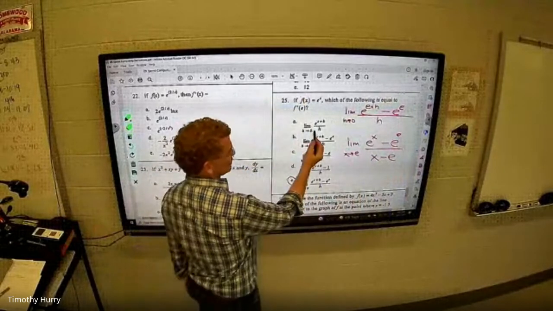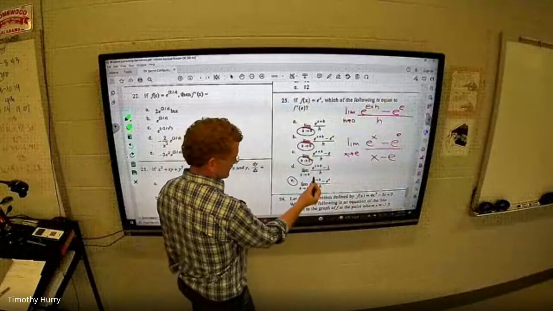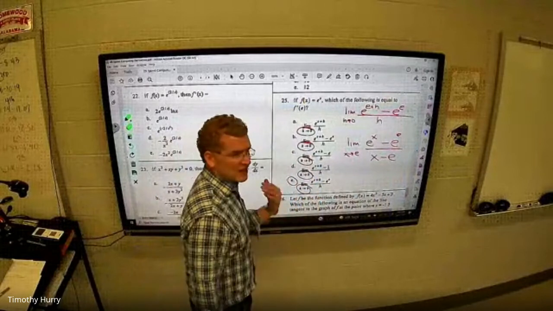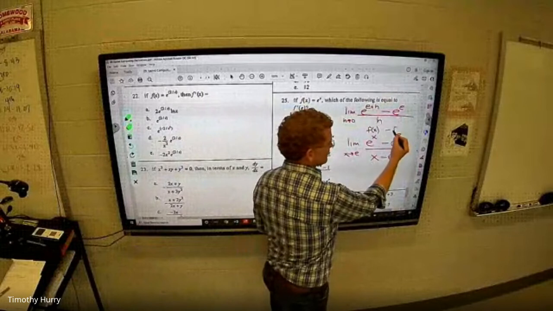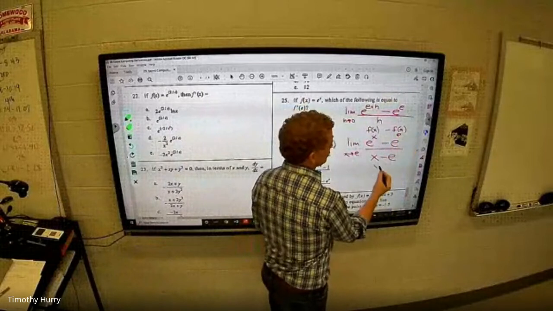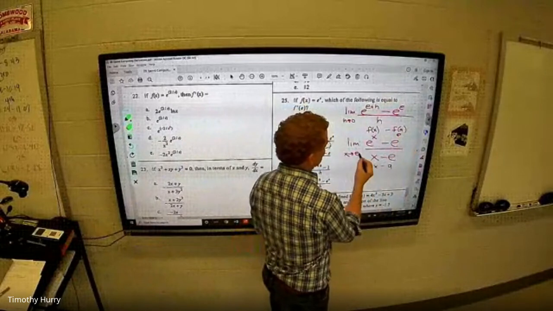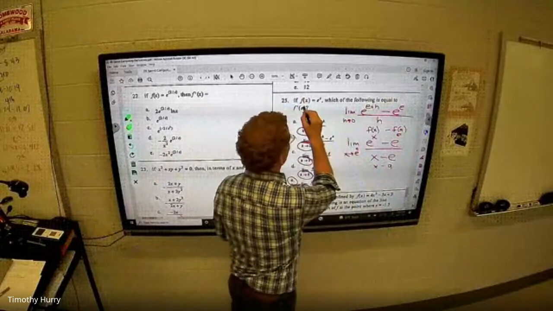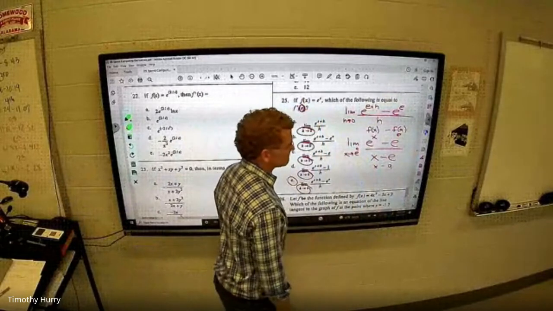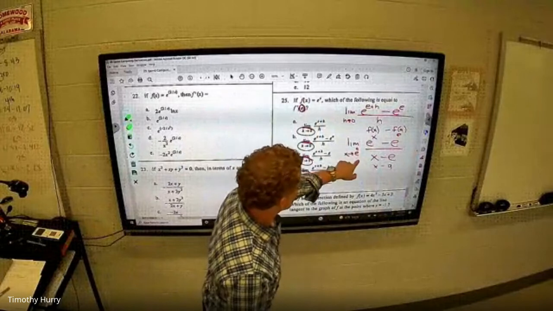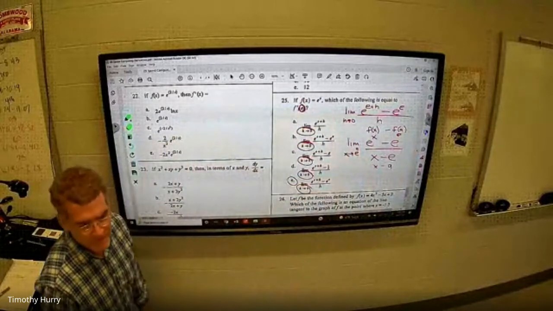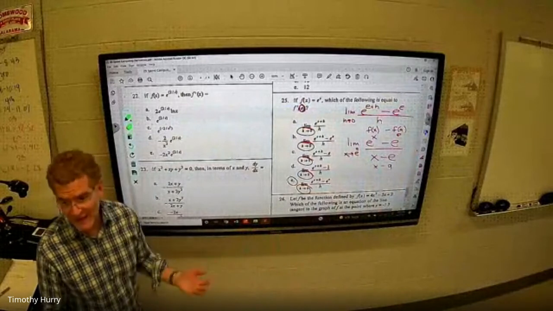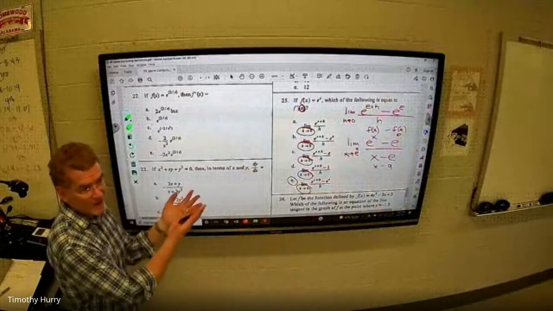So the key to knowing it was going to be that first one is the h goes to 0. Because the other limit definition is this. It's f of x minus f of the a value over x minus the a value as x approaches the a value. And the a value is what you're taking the derivative at. So I saw h goes to 0, and I thought, okay, it's probably going to be that first one. So that's why knowing that definition is important, because this is the way they'd ask it.